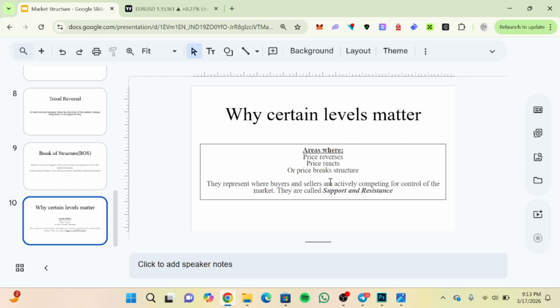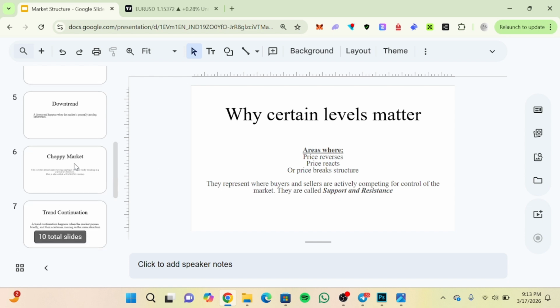These areas are extremely important in trading because they represent the places where buyers and sellers are actively competing for control of the market. Traders often refer to these levels as support and resistance. But there's a deeper way traders look at them, called zones of interest. You understand? They are our zones of interest. And understanding these zones can completely change how you look at charts.